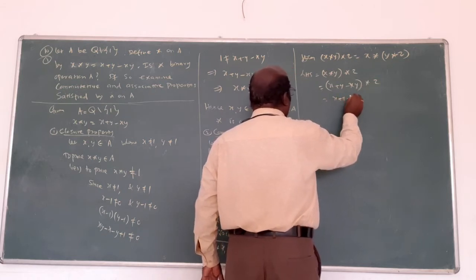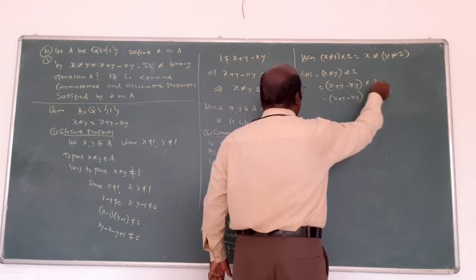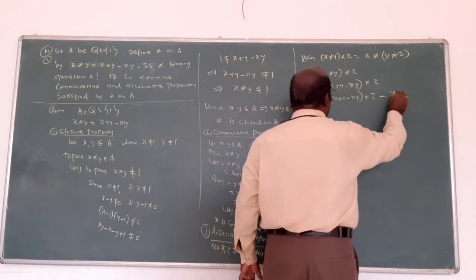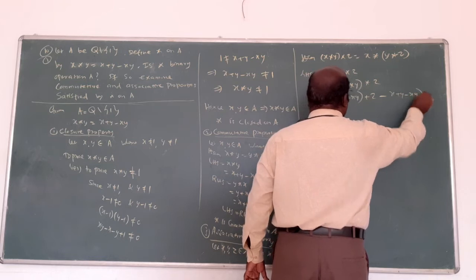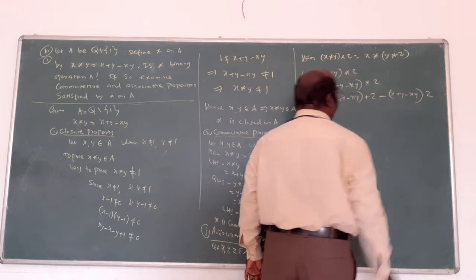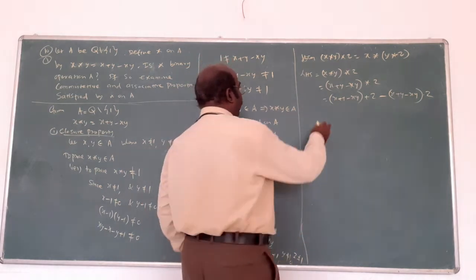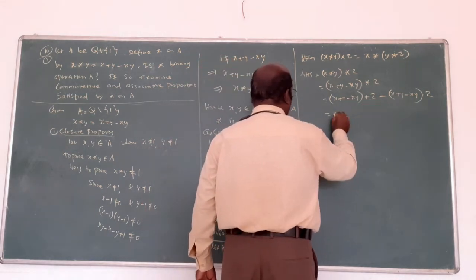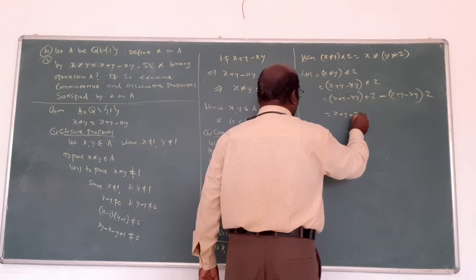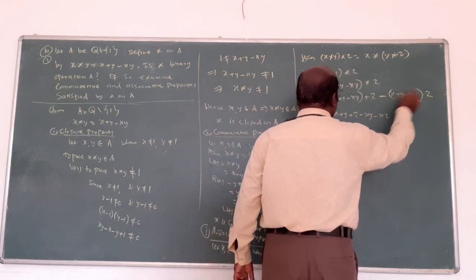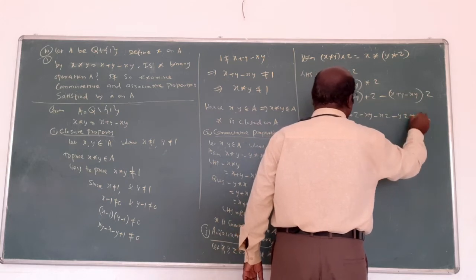First one plus second one, minus the multiplication of first one and second one. As per the definition, adding both, minus, multiply both. Now write in order: x plus y plus z minus xy minus xz minus yz plus xyz.